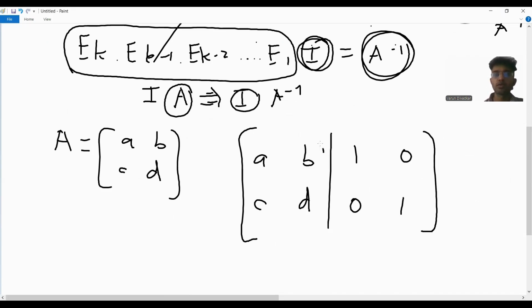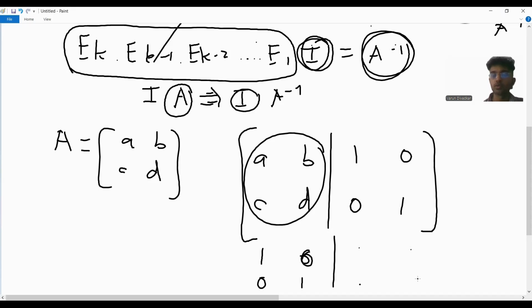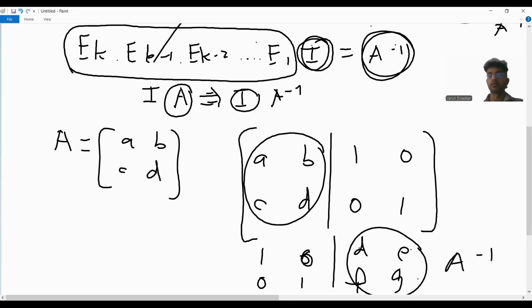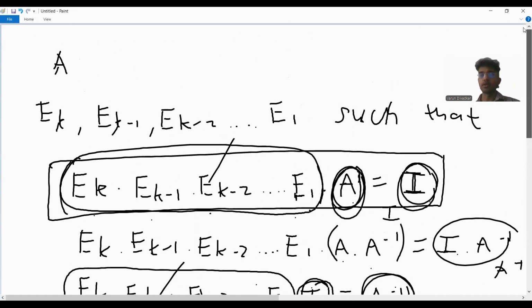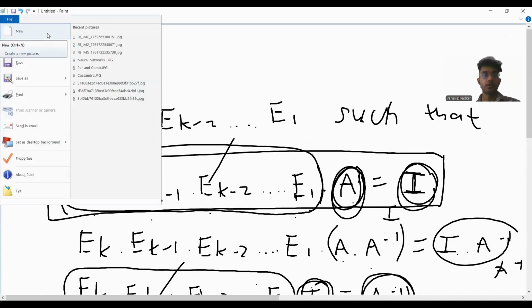So if you can transform this to 1, 0, 0, 1, then this side will get transformed to something like d, e, f, g. And this is going to be the inverse of the matrix. Clear? So based on this idea, let's try to find out the inverse of a sample matrix.